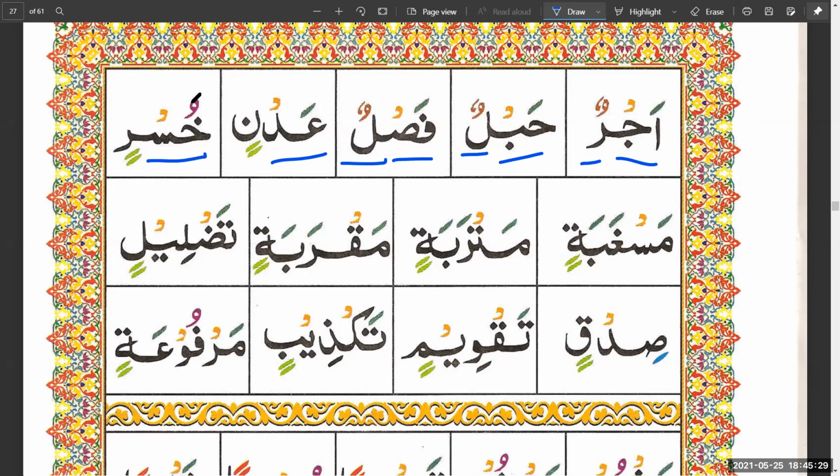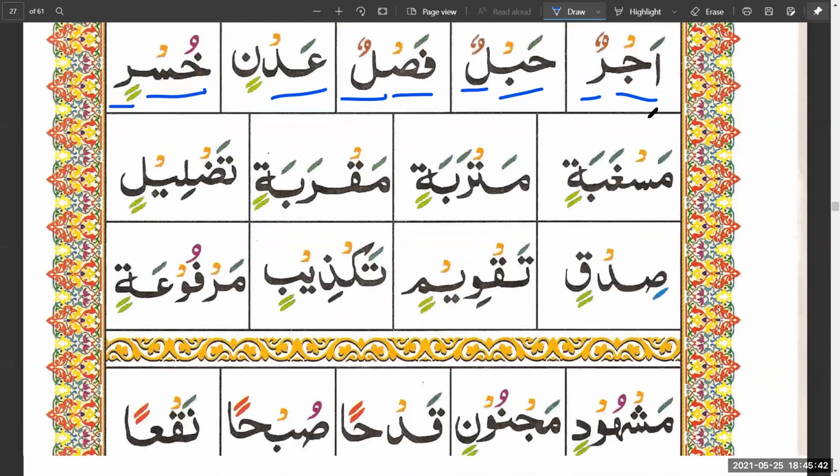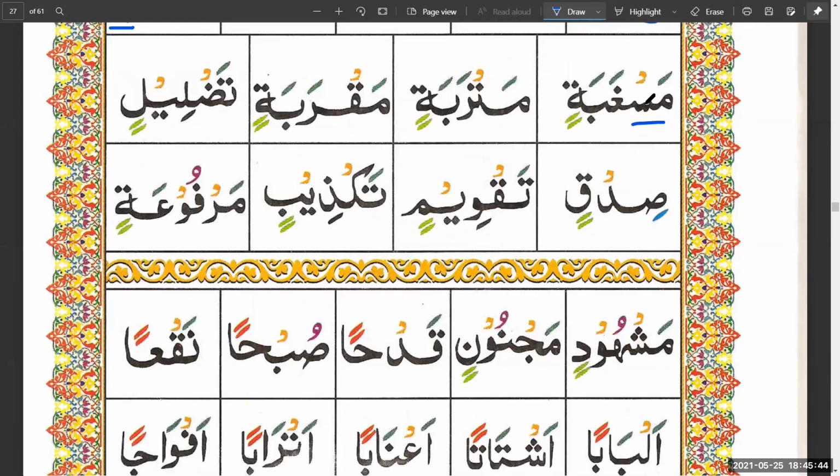Next one, kha dhamma khu, sin with a sukoon, khus, then ra 2 kasra, rin. Khusrin, khusrin. Next one, mim fatha ma, sin with a sukoon, mas, then gha with a fatha, ba with a fatha, and ta with 2 kasra, so ghabatin, ghabatin.